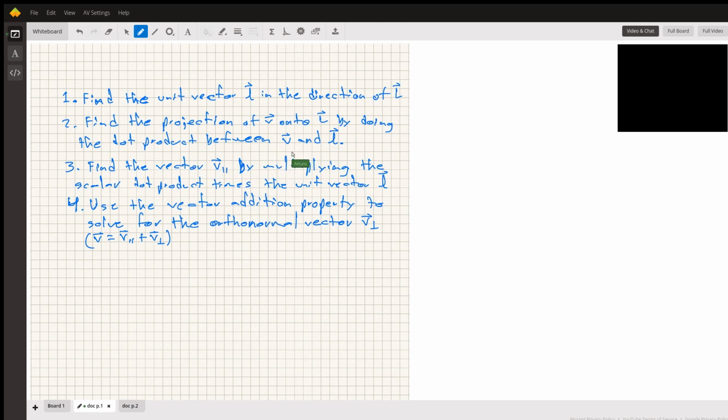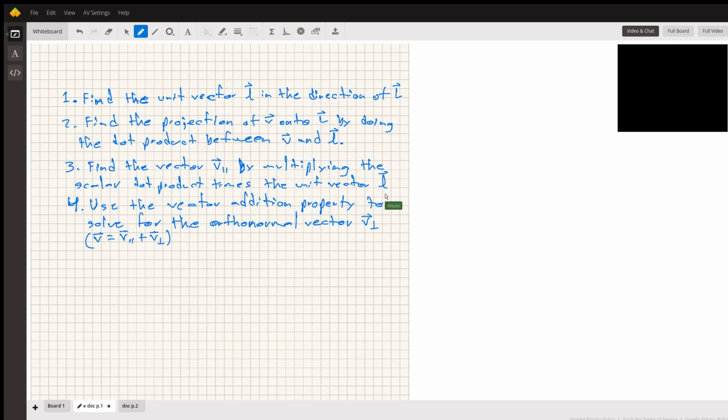by doing the dot product between the vector v and the unit vector lowercase l. Then three, find the vector v parallel to capital L or lowercase l, which is basically the projection of v onto capital L, by multiplying the scalar dot product mentioned before in step 2 times the unit vector lowercase l.